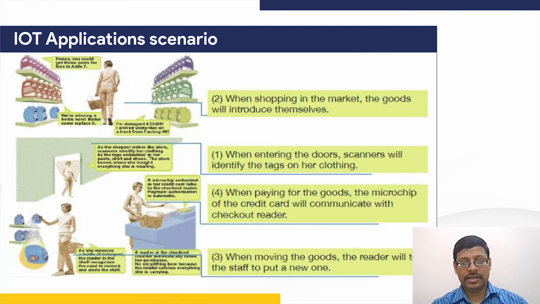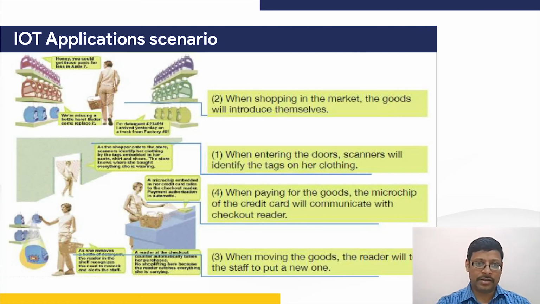And not only that, IoT is also used in shopping areas. Once a person enters the shopping mall, IoT tags are attached to the items in the mall. Once any customer takes a product, they can easily identify how much it costs, using the scanners.